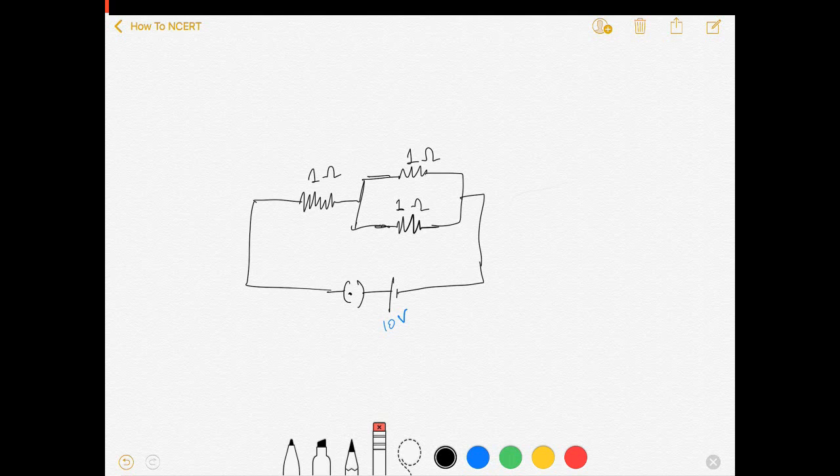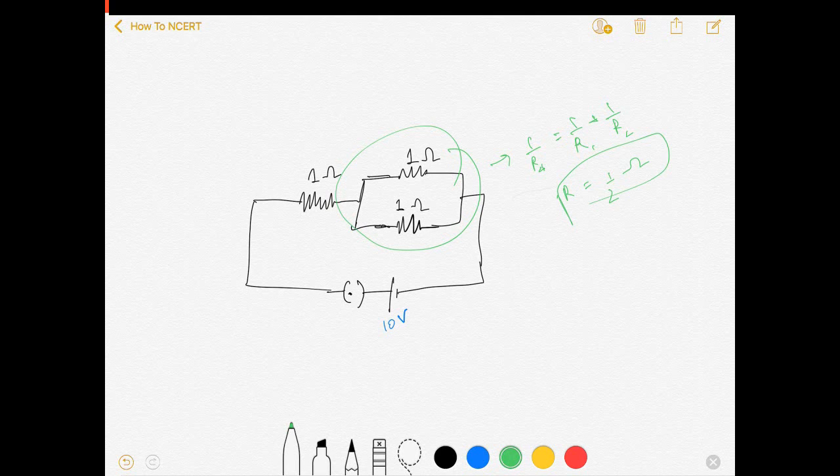So first we solve for equivalent resistance. The equivalent resistance of this system, well, the formula is 1 by R is equal to 1 by R1 plus 1 by R2. We basically get R is equal to 1 by 2 ohms, right?